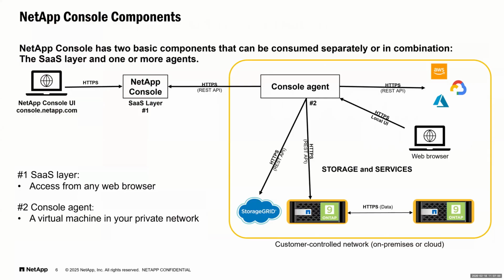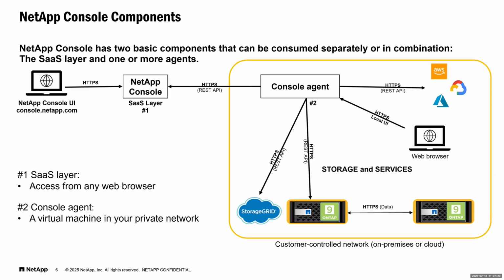First, the SaaS layer, where Console itself is hosted. It is accessible from a web browser. Second, the Console agent, which we refer to as a connector, deployed in a private network. The agent needs to be deployed either on premise or in the cloud, depending on your specific use cases.